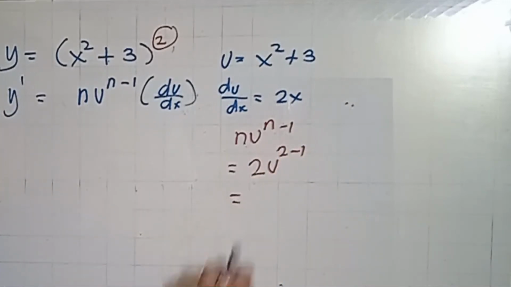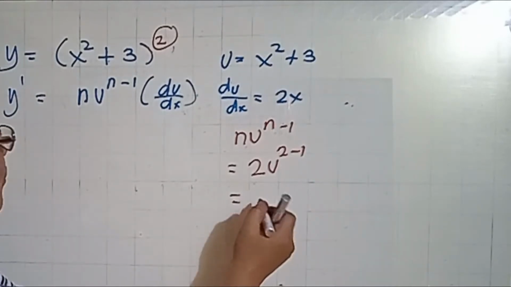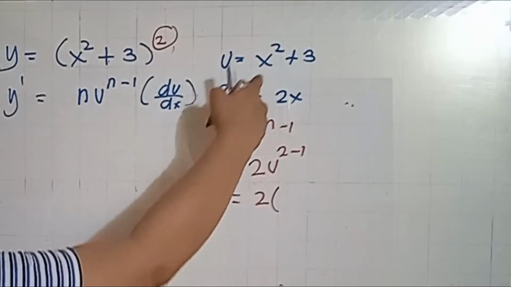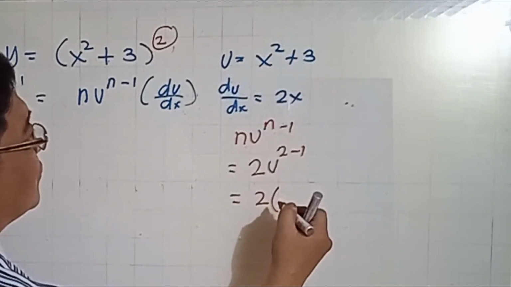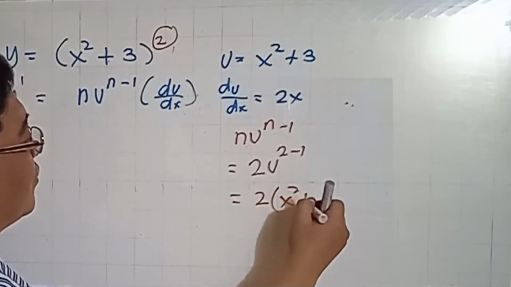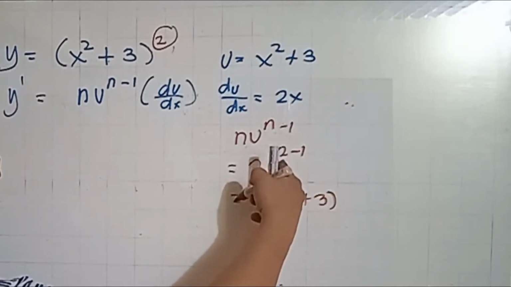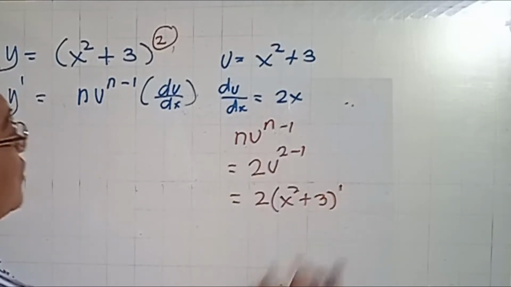So, and then we're going to substitute 2 multiply u is equals to x squared plus 3, x squared plus 3, then raised to 1, 2 minus 1, that is raised to 1.